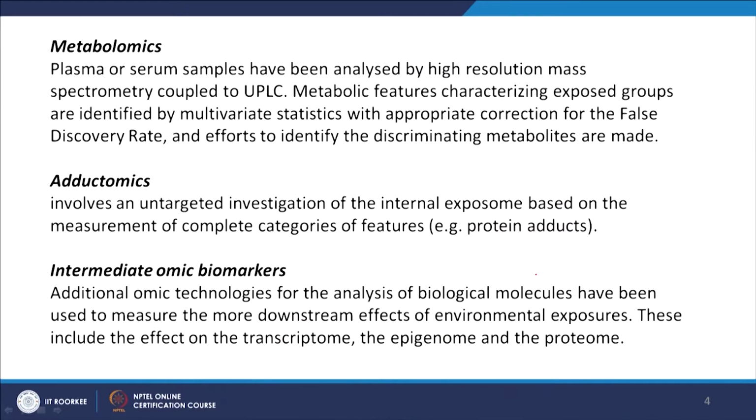So metabolomics is when we take their plasma or serum samples and we analyze them through high resolution mass spectrometry coupled with UPLC. So basically this is ultra high pressure liquid chromatography coupled with mass spectrometry, or maybe we might have MSMS for better resolution.